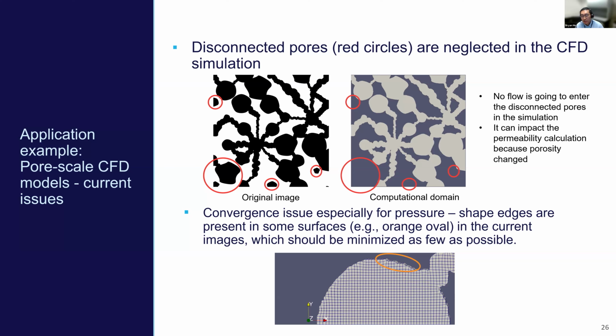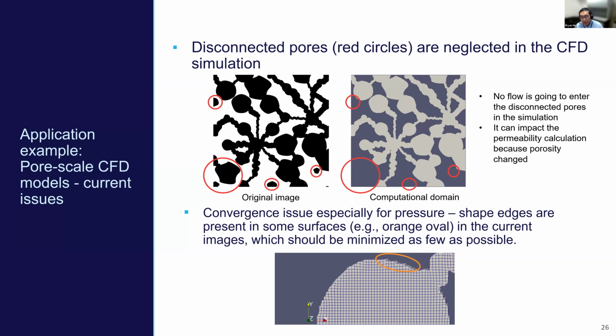First is these disconnected pores that Arami just mentioned as well in his presentation. On the left-hand side, I'm showing the original image, and the right-hand side is showing the actual computational domain. You can see those isolated pores are neglected in the computation because there's no way the code can compute any flow in those isolated pores.